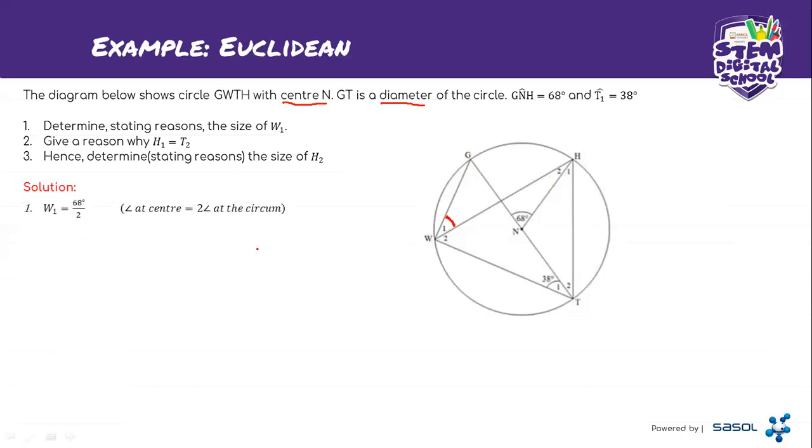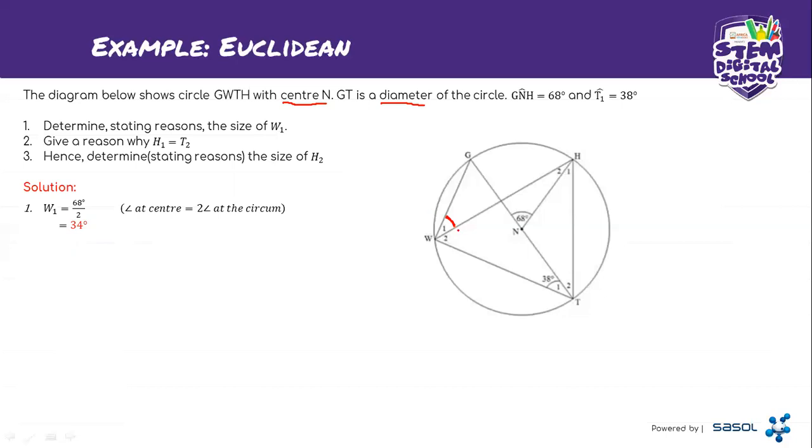Let's see how we do that. Yes, 68 divided by 2, since angle at center equals 2 times angle at circumference. Our answer there is 34 degrees.